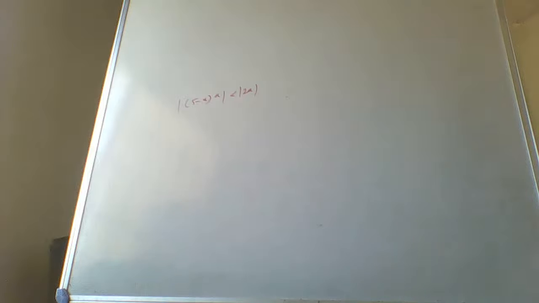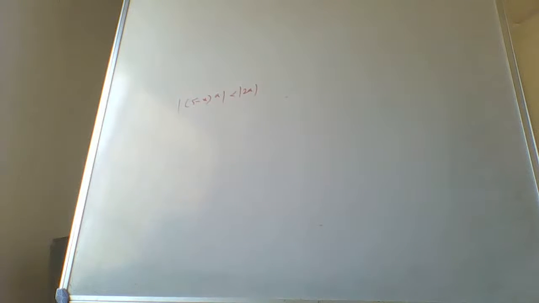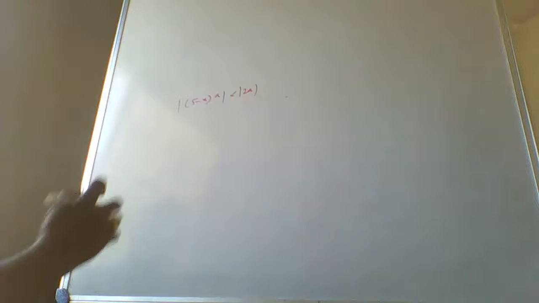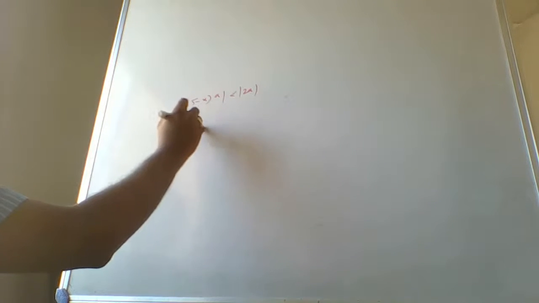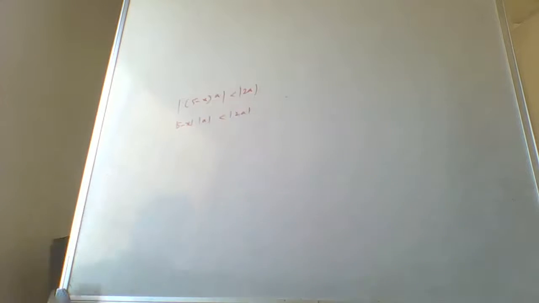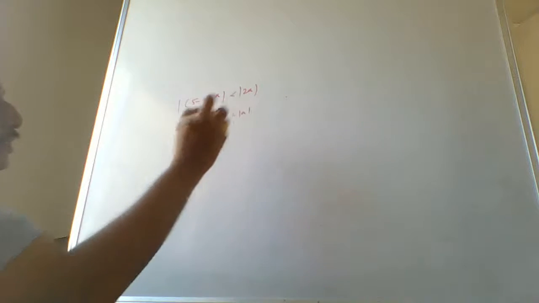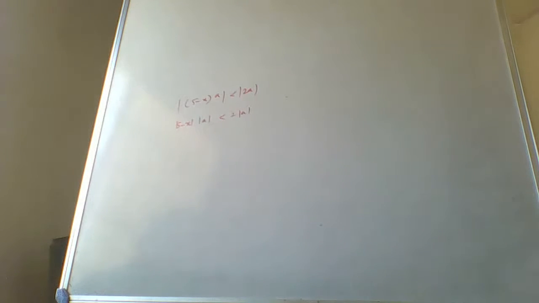Now, since I have a product, I can individually find the modulus. So that would be mod of 5 minus x times mod A is less than 2 times mod A, since 2 is a scalar or constant.